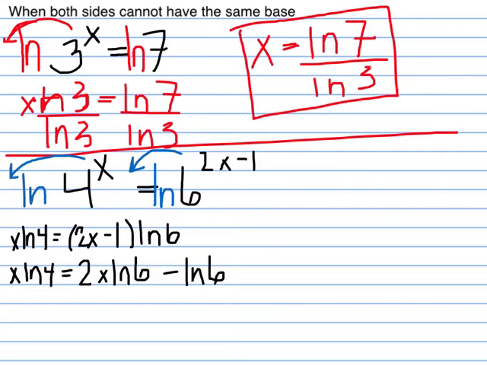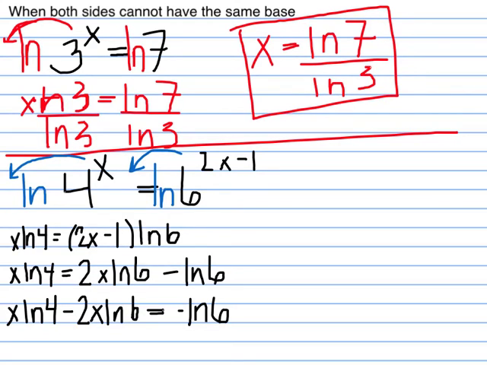Okay, so we're going to subtract this term right here over, because it has the x. So I want x on only the one side. So I would have x ln of 4 minus 2x ln of 6 equals negative ln of 6.